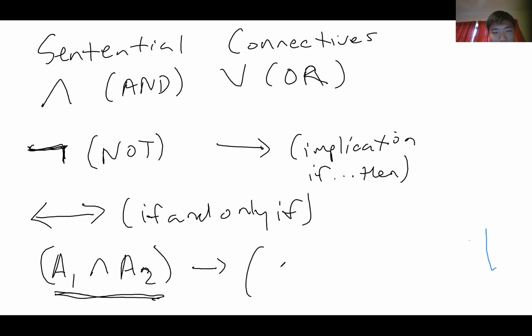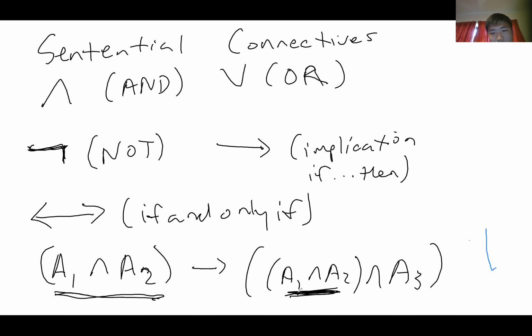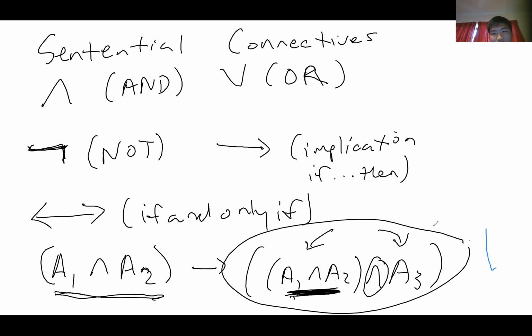So I can also do things like A1 and A2 and A3, right? It also makes sense to say something like this because then I can go inside the inner parentheses, figure out the truth of this statement, and then depending on the truth of this statement, I can compare it to the A3 and determine the truth of the whole statement.